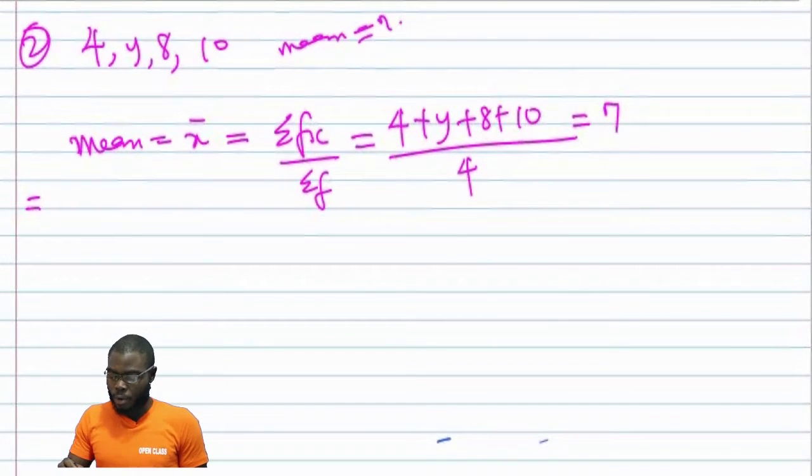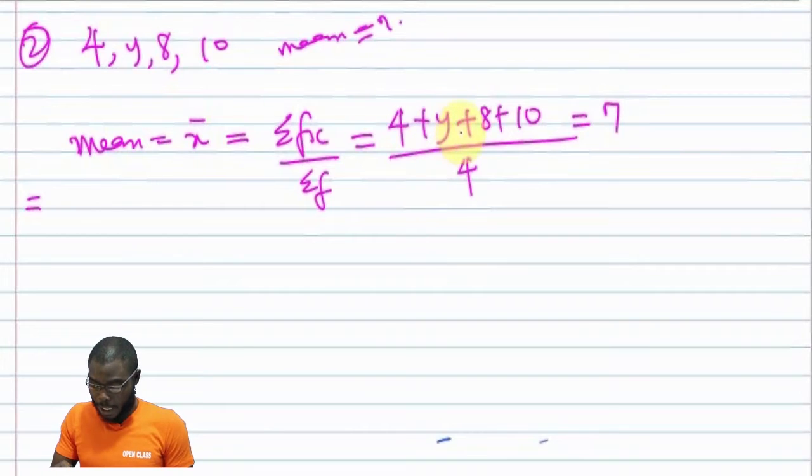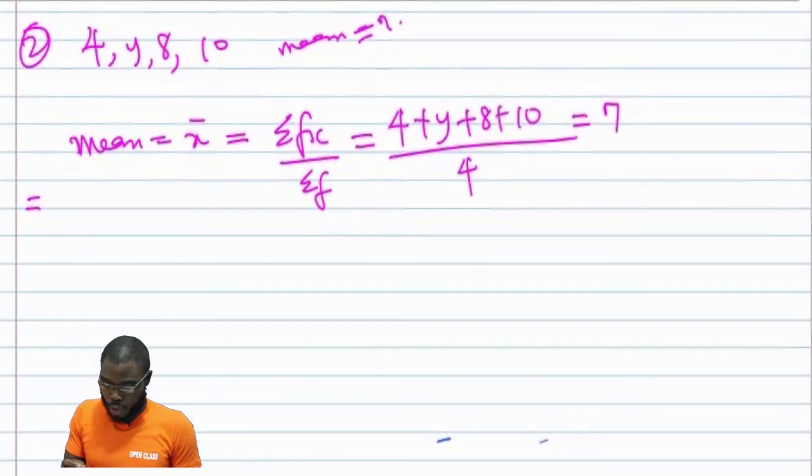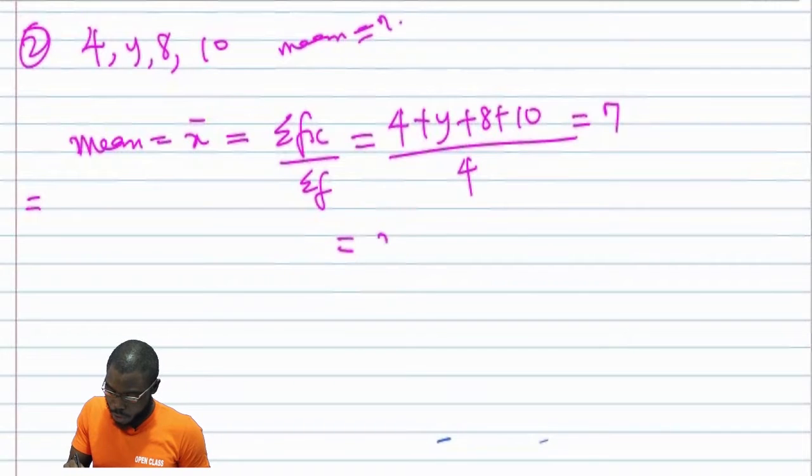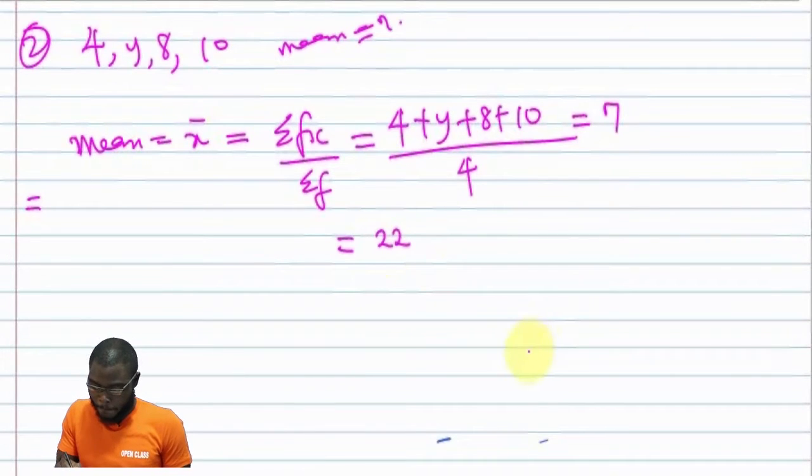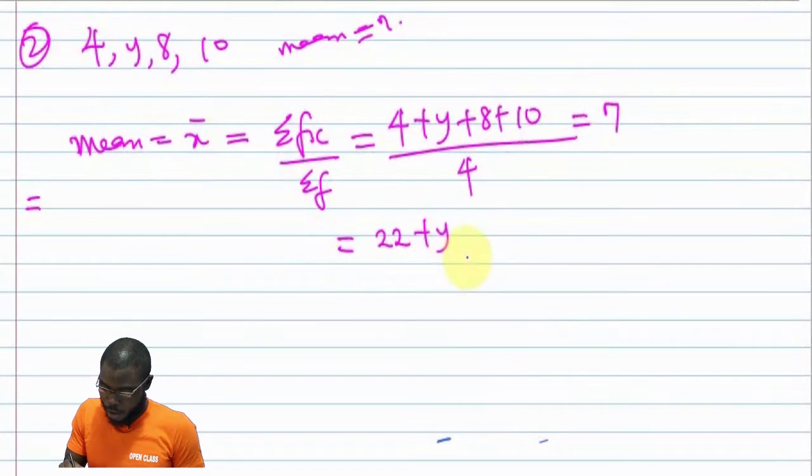Okay, now what we have is 4 plus 8, 12. 12 plus 10, we have 22. So we have 22 plus y over 4 is equal to 7.